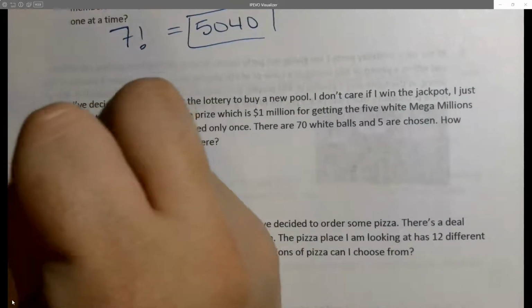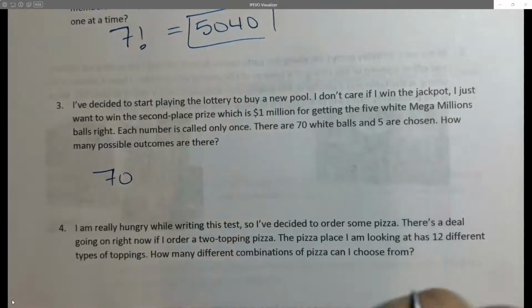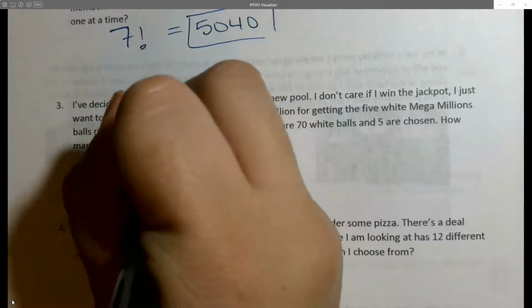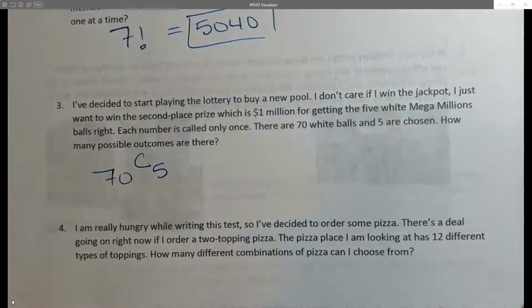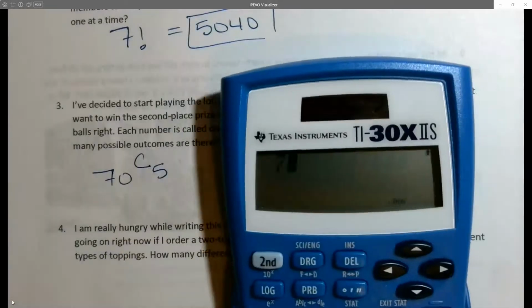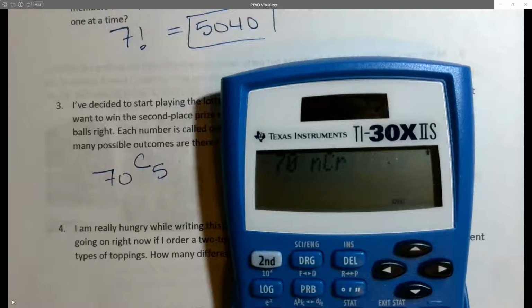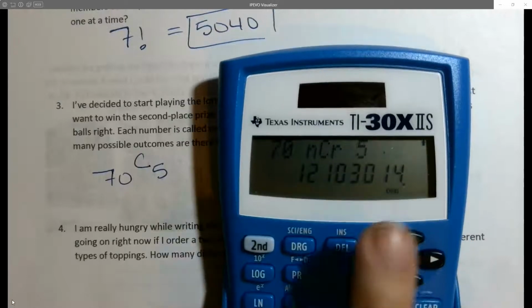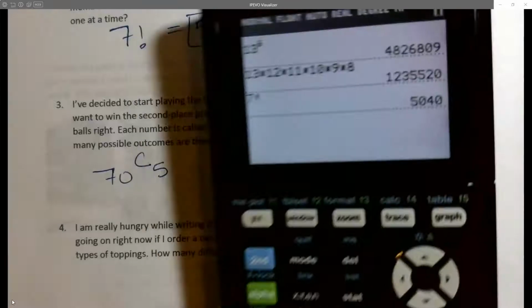So I will have 70 choices for my balls, and then I only want 5 of those. So I'm going to do a combination here. To do that on the TI-30, I would type in 70. I hit the PRB button, and I arrow over to nCr and press enter, and then type in 5. I would do similar on this calculator.